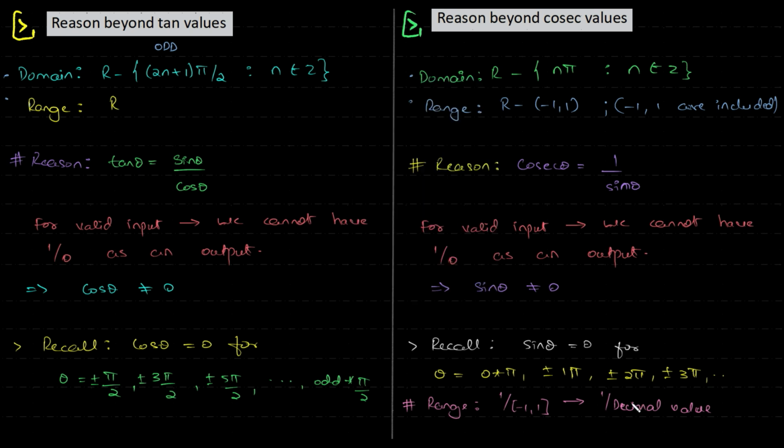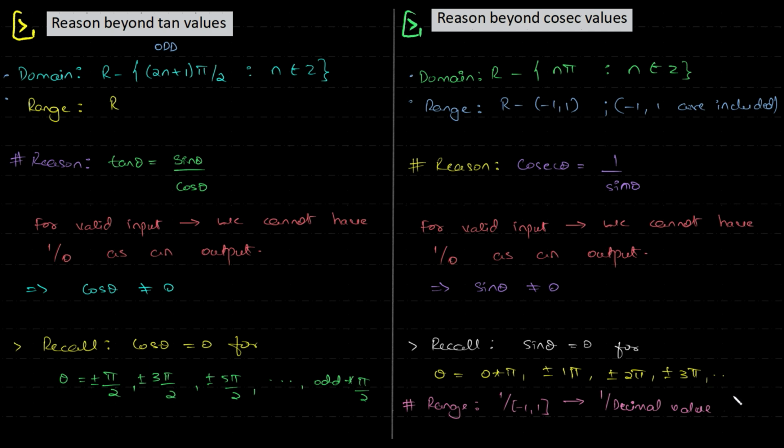So because the denominator is a decimal for most of the cases, this output is always greater than or equal to 1. Of course, its negative values also are taken care of. So on the other end it will be between -1 and negative infinity, and here it will be 1 to infinity.